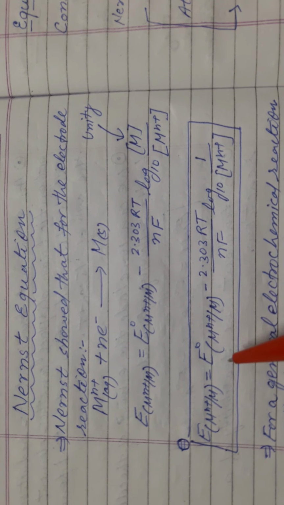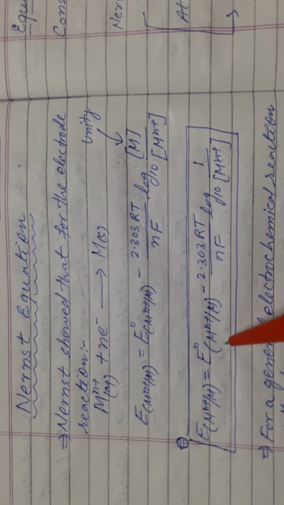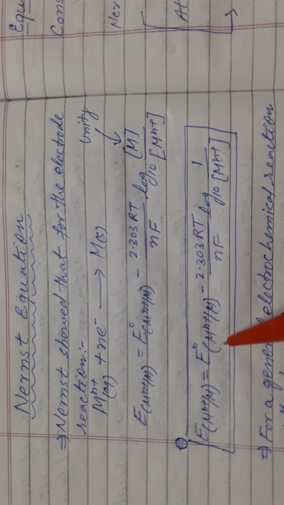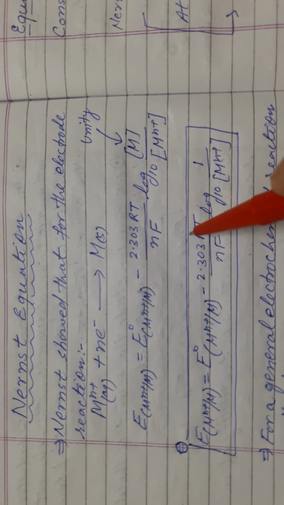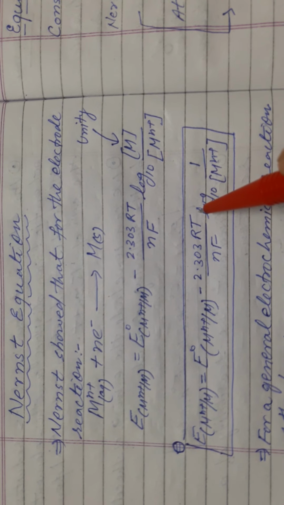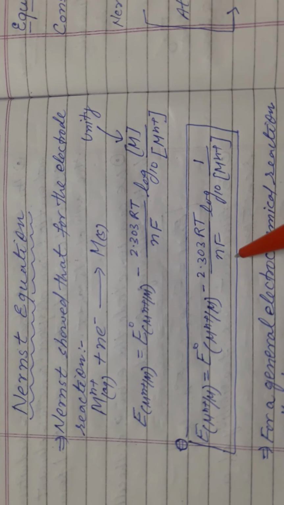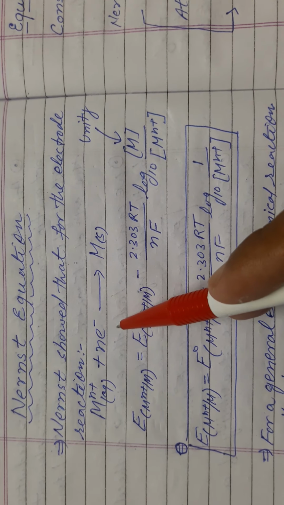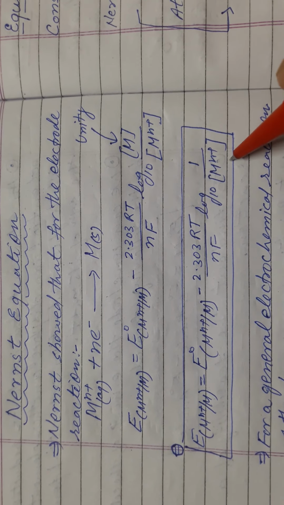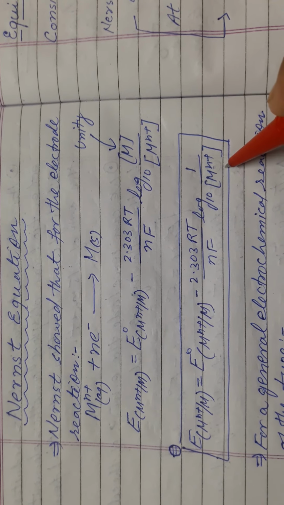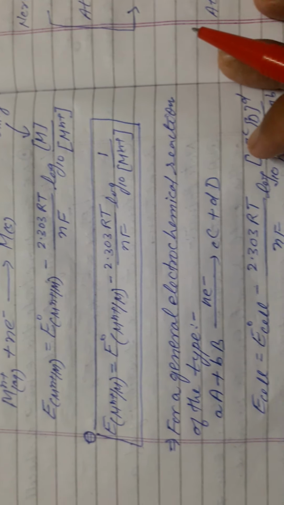So students, we can see the value of reduction potential of any metal ion from electrochemical series, minus 2.303 R is a constant, T is temperature at which we want to find out reduction potential, n is number of electrons participated in reaction, F is Faraday constant, M is concentration of metal ion.